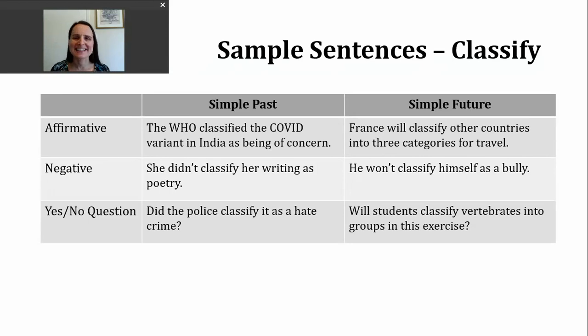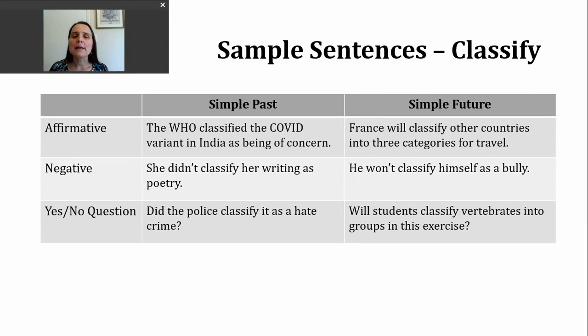I borrowed this sentence from a news report I saw last week. Again, sort of noting they are grouping this into a particular category of we should be concerned about how this particular variety of or this particular strain is mutating and affecting human beings.